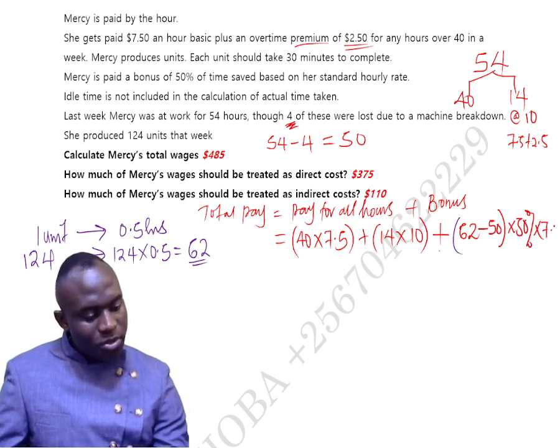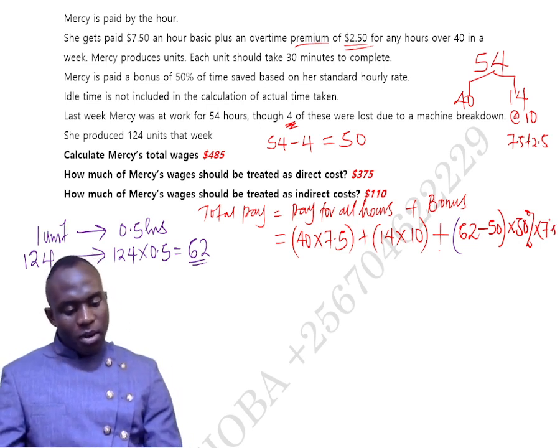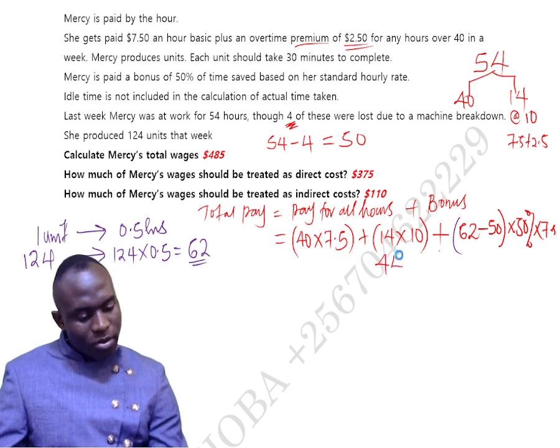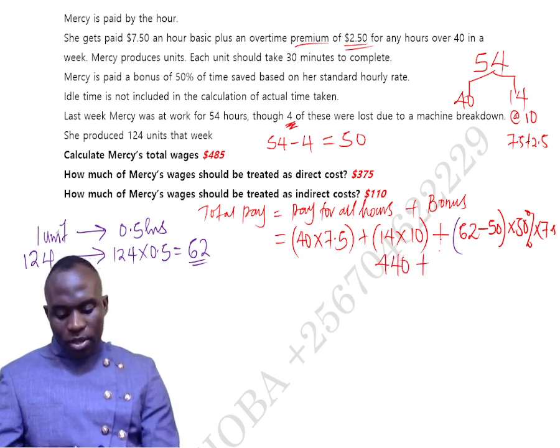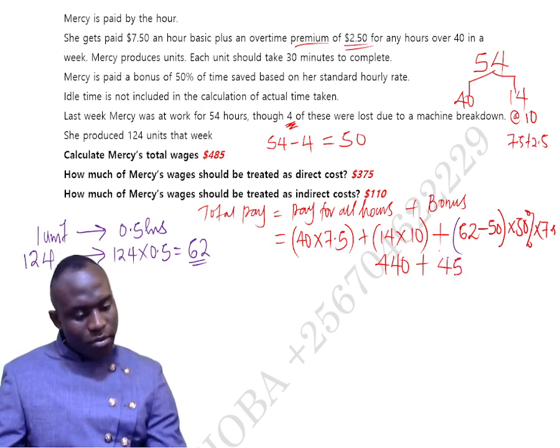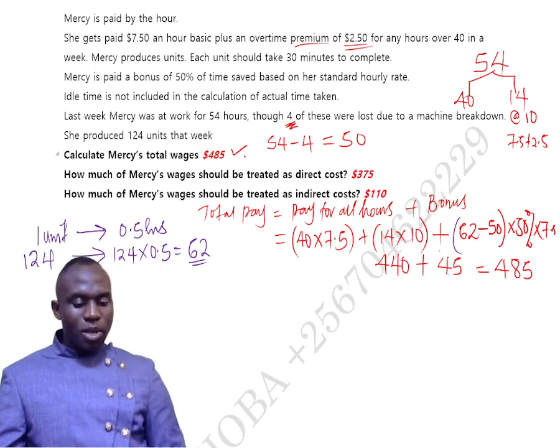If we work out, we get 40 times 7.5 plus 140, so this is 440. Then plus the bonus, which is 50% of the 62 minus 50 times 7.5. So the bonus is only 45. When we sum this up, we get 485. So that is the total payment.